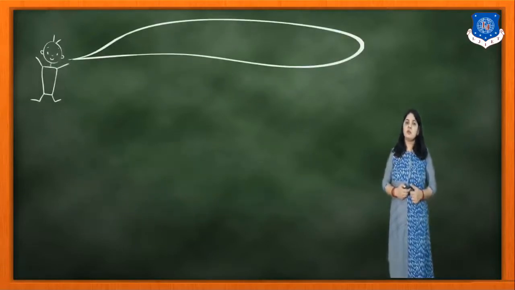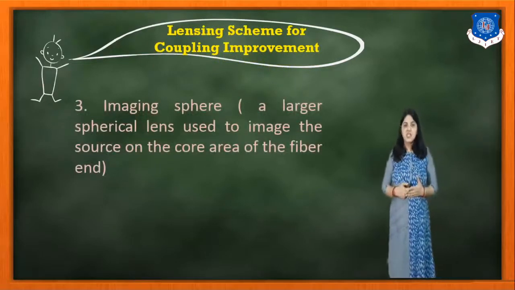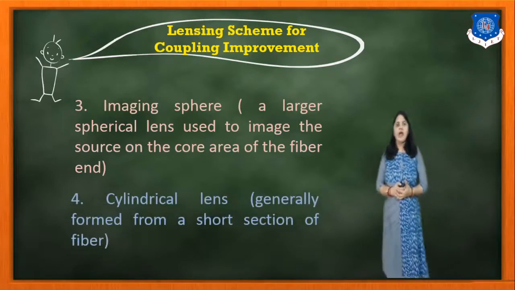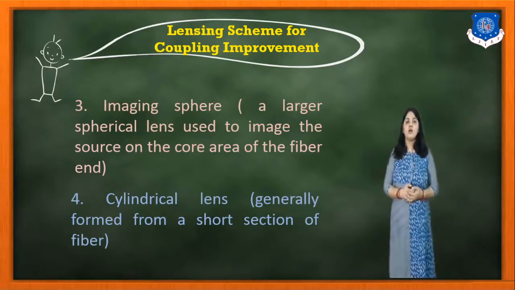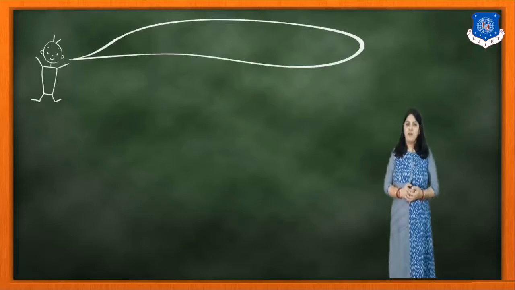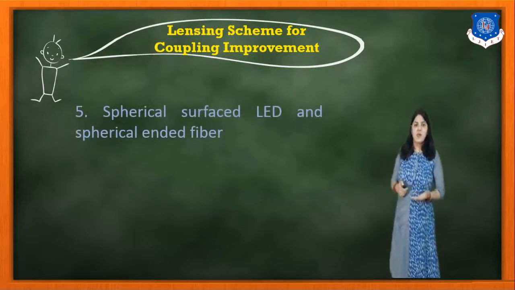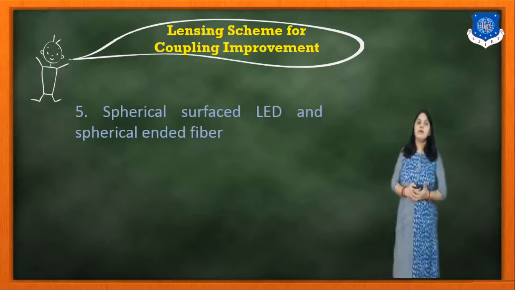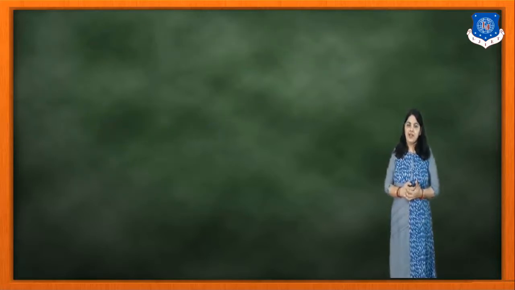Third is the imaging sphere, a larger spherical lens used to image the source on the core area of the fiber end, and the cylindrical lens, generally formed from a small section of fiber. Then the spherical surfaced LED and spherical ended fiber, and the taper ended fiber.